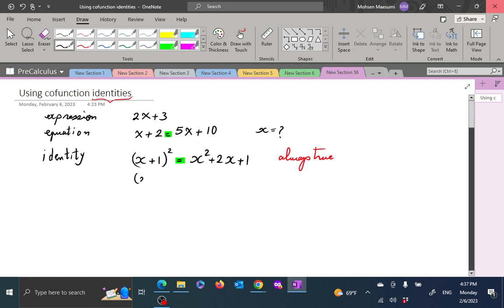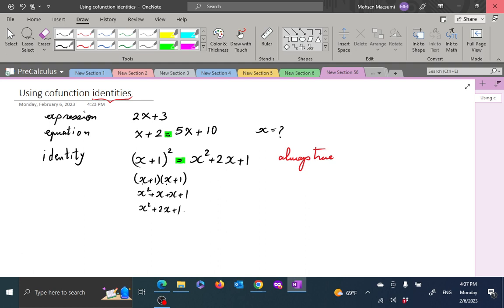because if I take left hand side x plus 1 and multiply it by x plus 1, what I get is x times x is x squared, 1 times x, and another 1 times x, and 1 times 1. And when we boil it down, we get x squared plus 2x plus 1, which is exactly what is written on the right hand side.